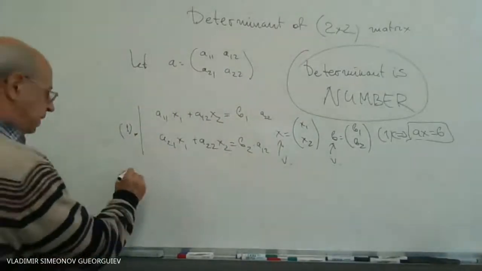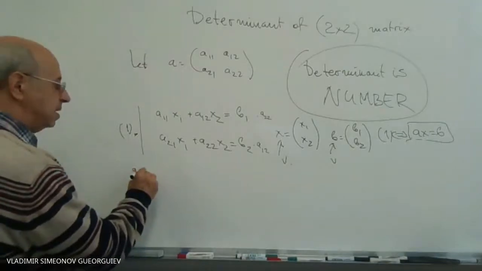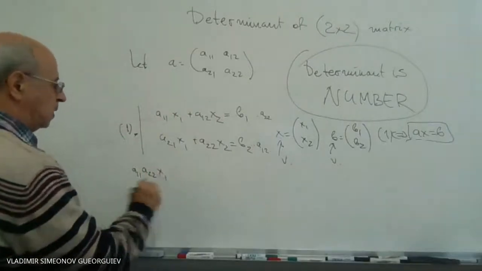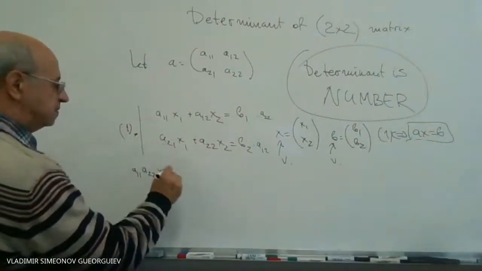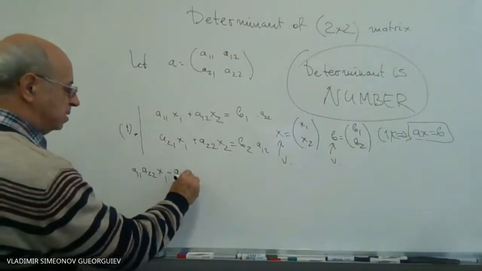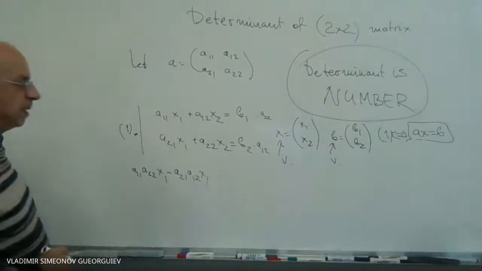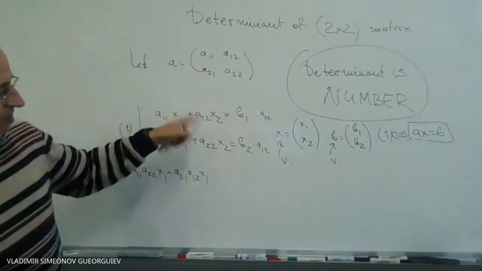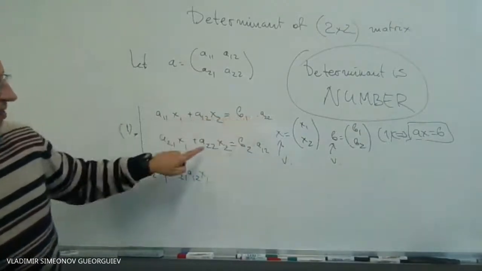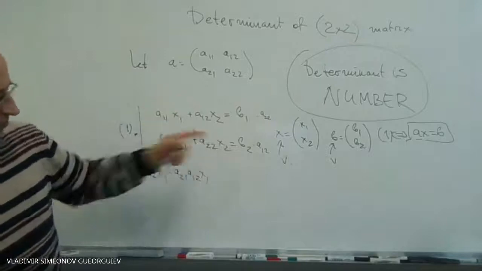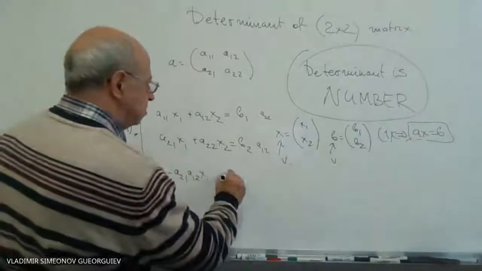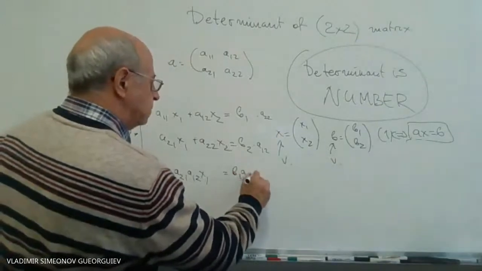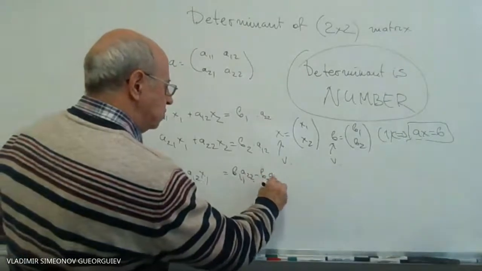So we have A11, A22, x1 minus A21, A12, x1, and for x2 we already observed this magic cancellation, A12, A22 minus A22, A12, this is 0 in front of x2, so we can write equal B1, A22 minus B2, A12.